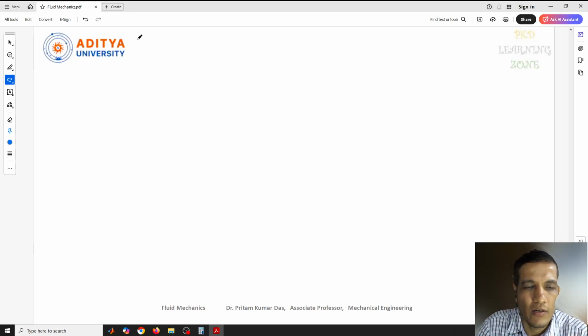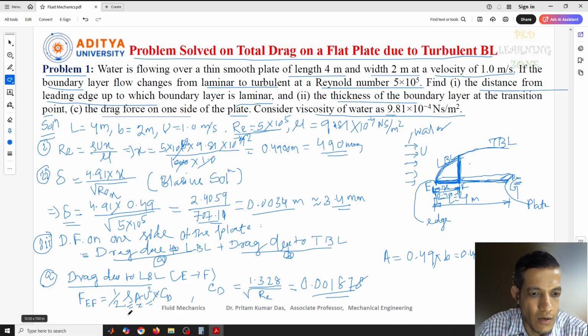So finally F_EF equals half into rho, that is 1000, into A into U square.